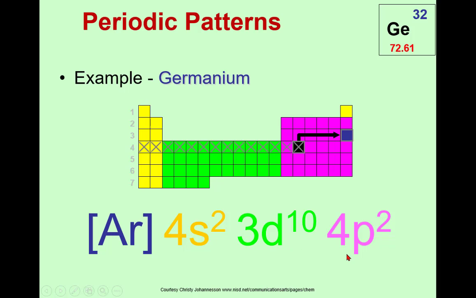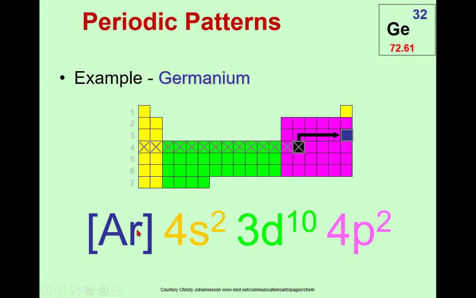Let's see its last orbital configuration. Here you see the number 4. The number 4 implies that it belongs to the 4th period, as you see here.